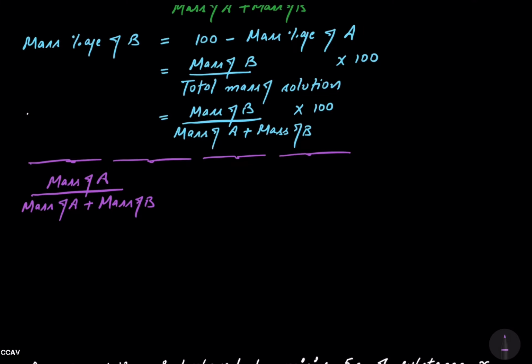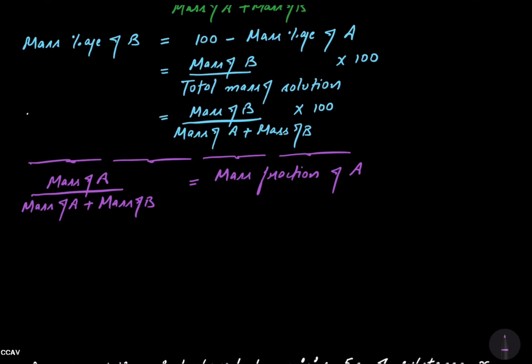If I am not multiplying this by 100, then it is called the mass fraction of A. Fraction is always evaluated with the total value of 1. Out of 1, how much fraction-wise A is present?